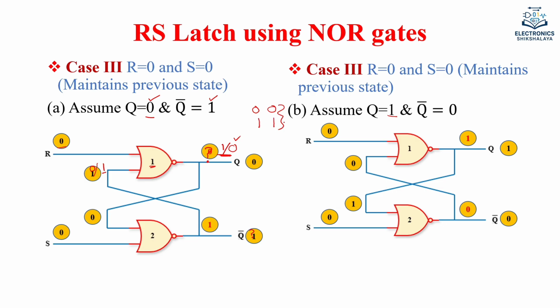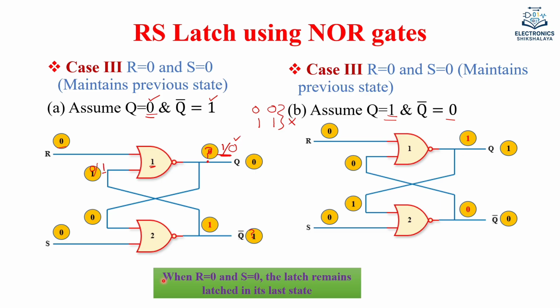That is why we are assuming Q equal to 0, Q bar equal to 1, and also Q equal to 1 and Q bar equal to 0. Whatever we have assumed, the same thing we are getting. That is why this state is called the no change state also. So when R equal to 0 and S equal to 0, the latch remains latched in the last state.